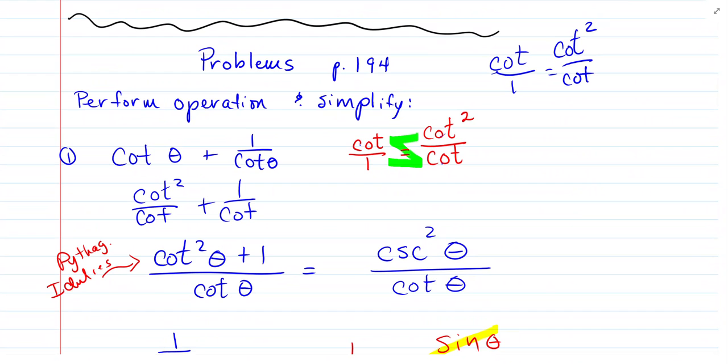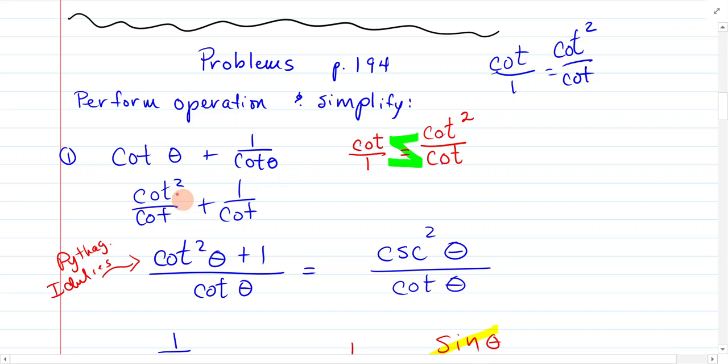All right, so in this first one it says perform the operation and simplify. So we're not proving identities right now, we're just simplifying. So we have cotan theta plus 1 over cotan theta. So up here I showed how we could turn cotan over 1 equal to cotan squared over cotan, because this is the denominator we're trying to get.